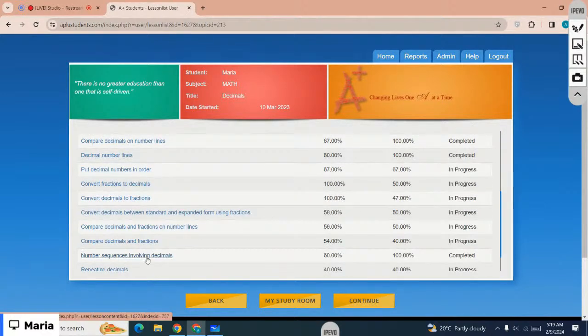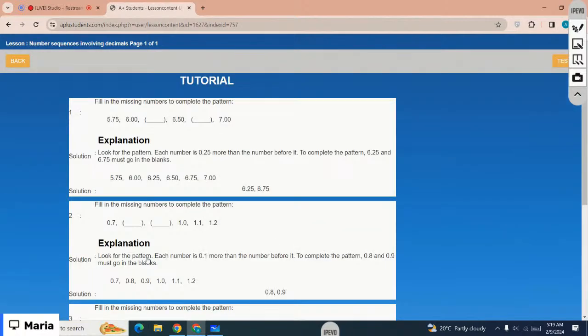number sequences involving decimals, right? Okay, fill in the missing number to complete the pattern. So you're given the pattern with the decimals. You have to see how to complete the number sequences with the decimals.